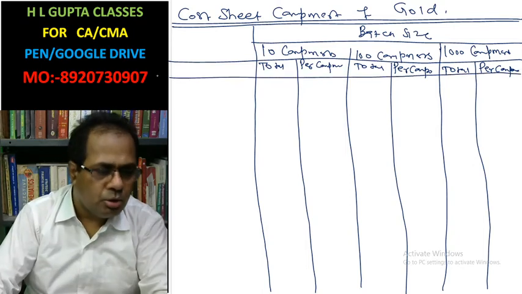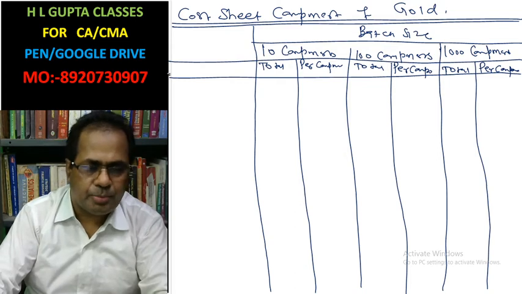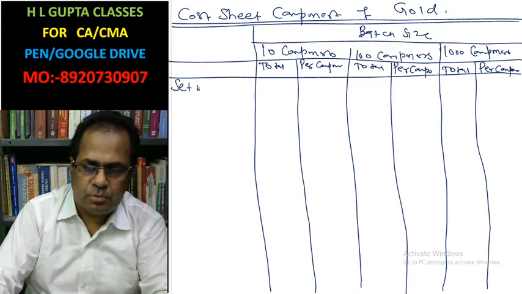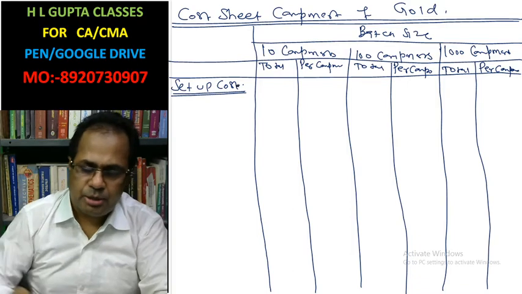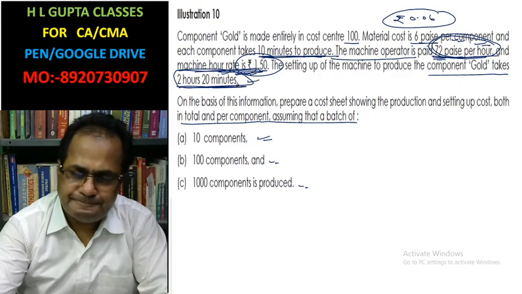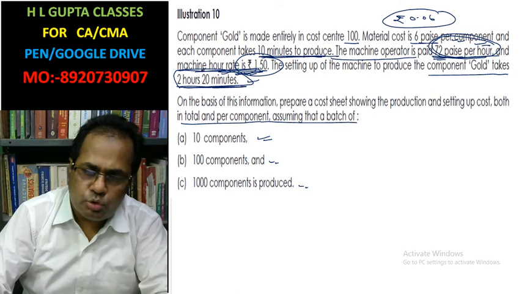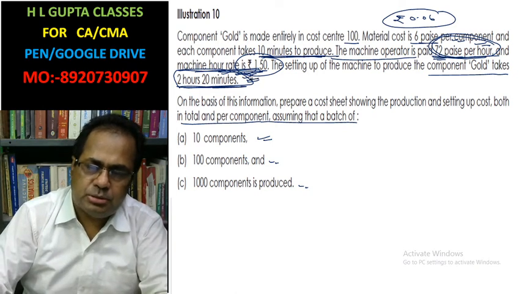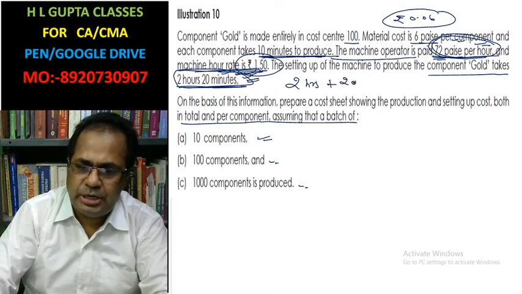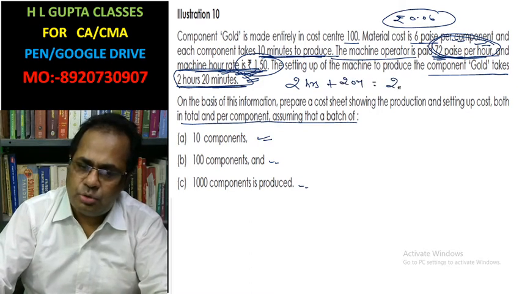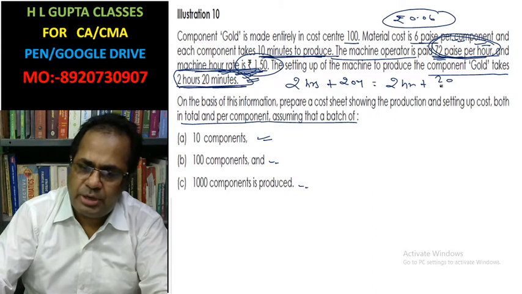Look at here, the setup cost. You need to calculate the setup cost here. Setup time is given as 2 hours 20 minutes, so 2 hours plus 20 by 60 hours.